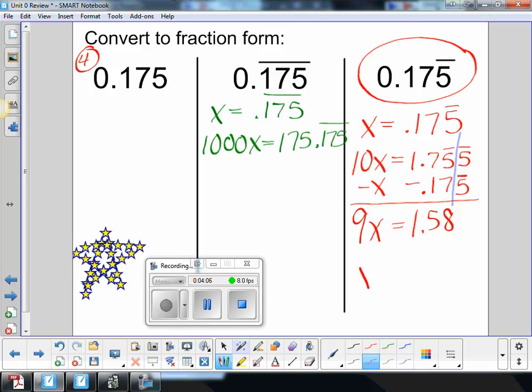Finally, you divide both sides by 9, and you get 1.58 over 9. Most teachers that I know who are math teachers don't like decimals mixed in their fractions. That's not really a proper way of writing a fraction, sorry, with a decimal in it.